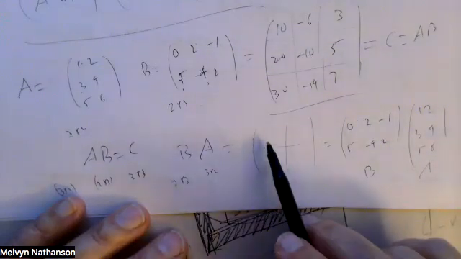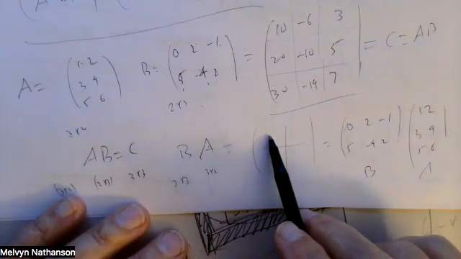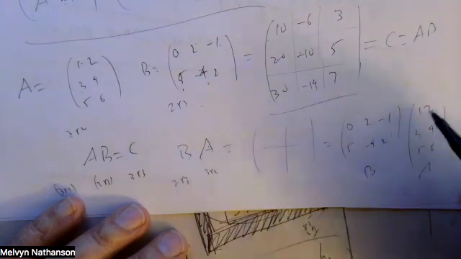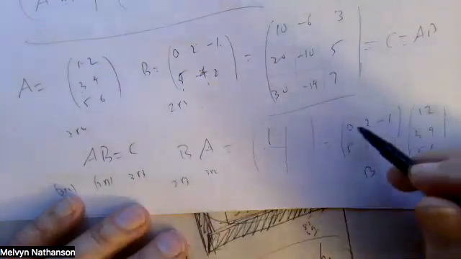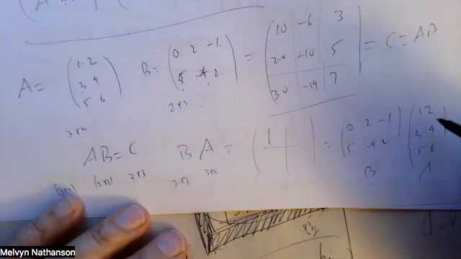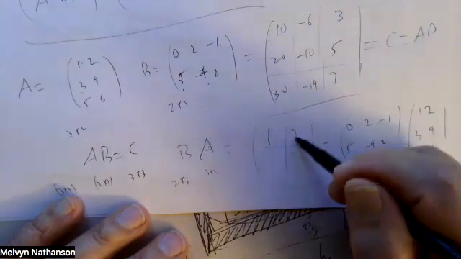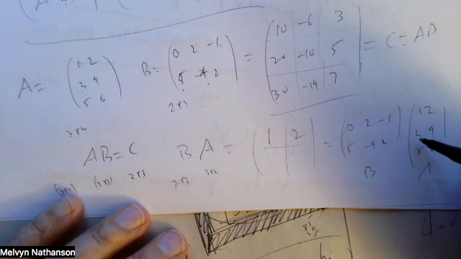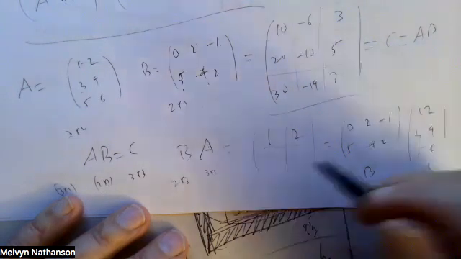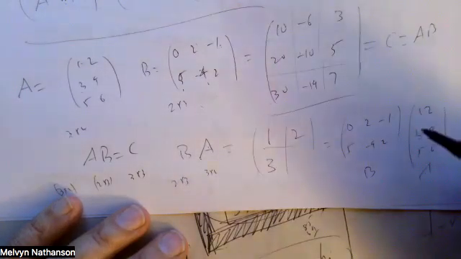To get the first row, first column element, multiply the first row into the first column: you get 0 plus 6 minus 5. First row into the second column, 0 plus 8 minus 6 is 2. Second row into the first column, 5 minus 12 plus 10 is 15 minus 12 is 3.